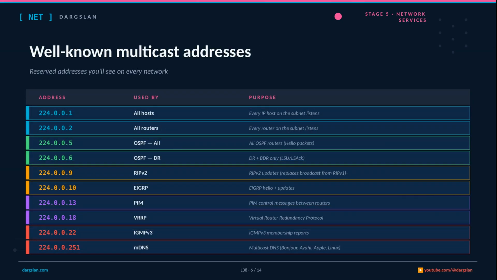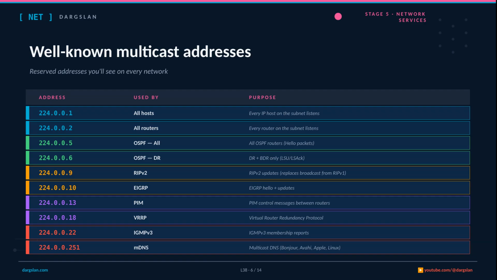Inside that link local slice, a handful of addresses come up so often they're worth memorizing. 224.0.0.1 reaches every host on the subnet, and 224.0.0.2 reaches every router. Then the routing protocols each claim their own. OSPF uses 0.5 for all routers and 0.6 just for the designated and backup designated routers.